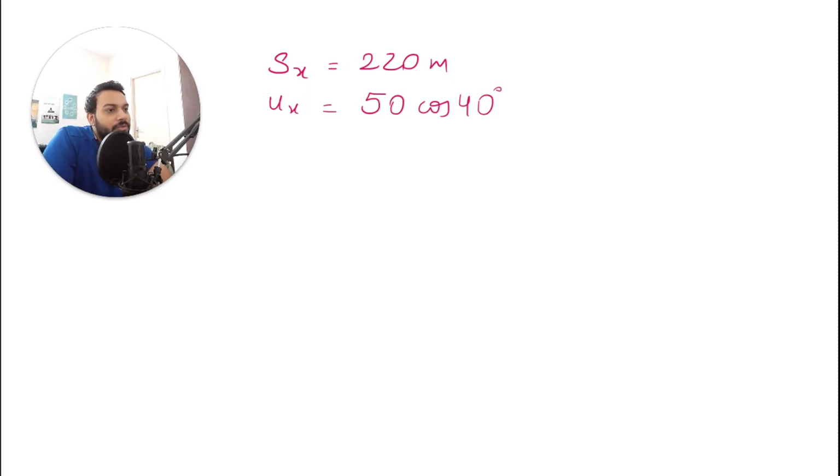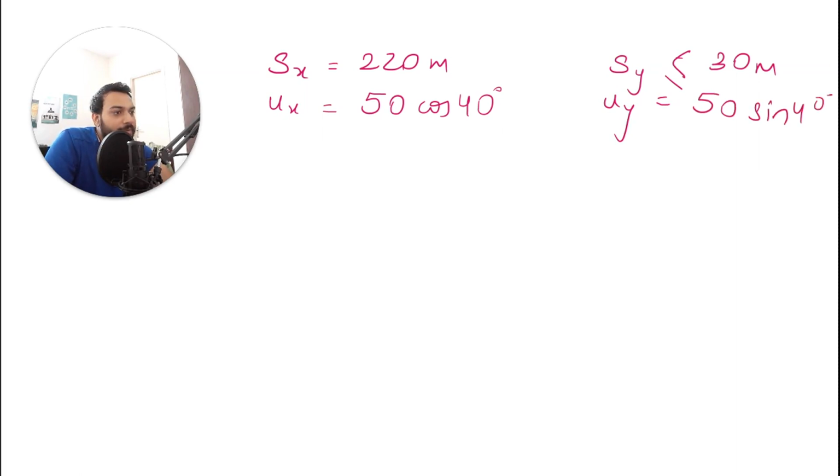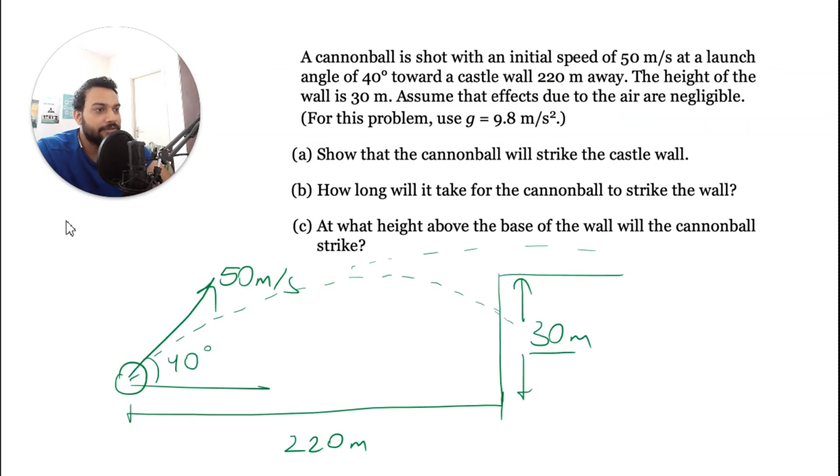For the y direction, we have Sy should be less than or equal to 30 meters, and Uy is equal to 50 sine 40. These are the two things known to us. So let's start making the equations.